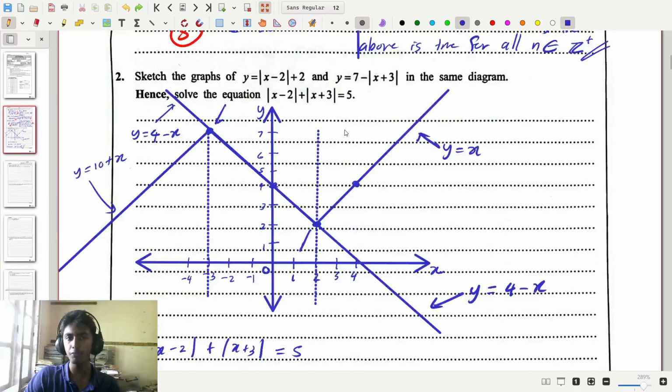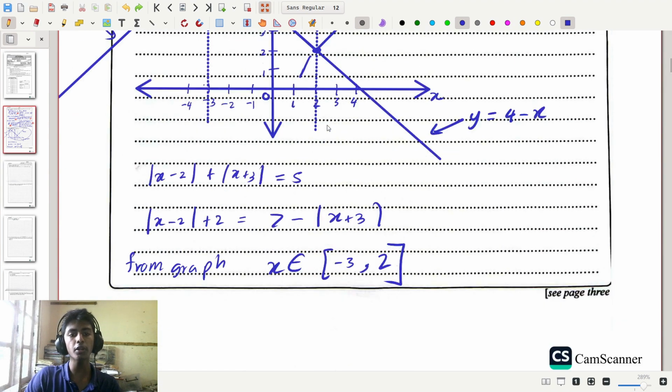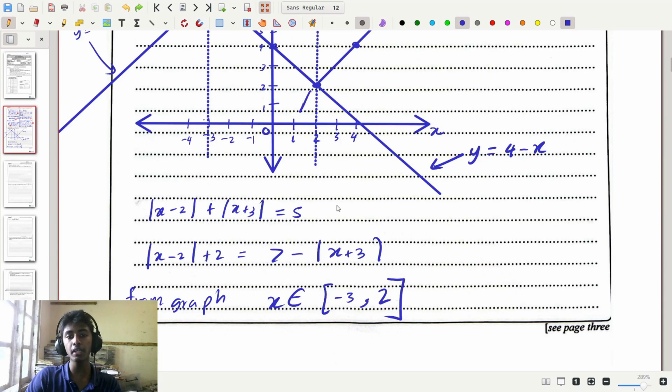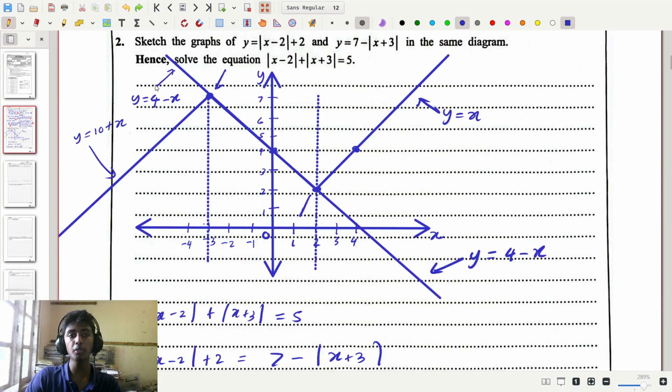And for this kind of question where you spend most of your time drawing the graph and marking out each of the individual graphs, you do not need to provide that much explanation for the last bit, which is why I have only written that this thing is this thing, and from the graph we can say that x is an element of this set. So in this kind of question, you can get a tip that you don't really need to write much for the actual logic when you draw the graph.